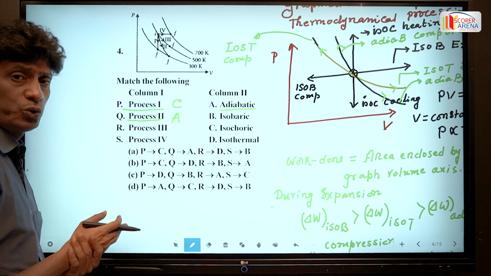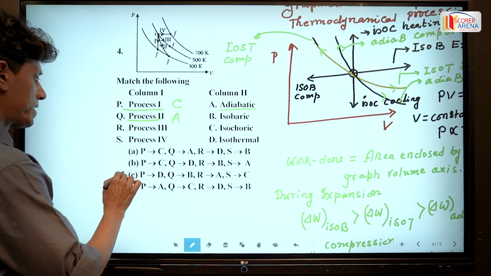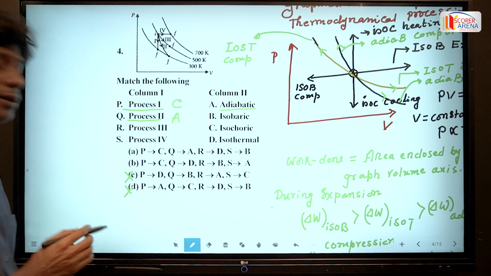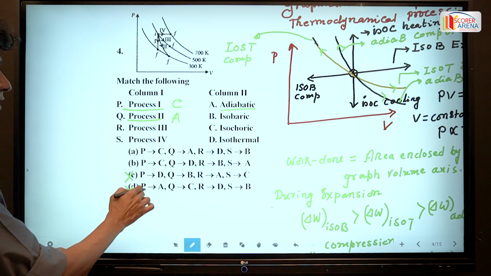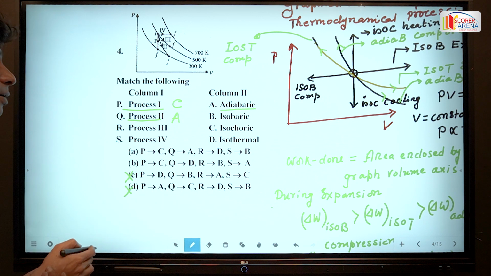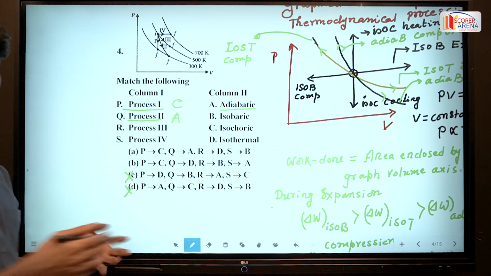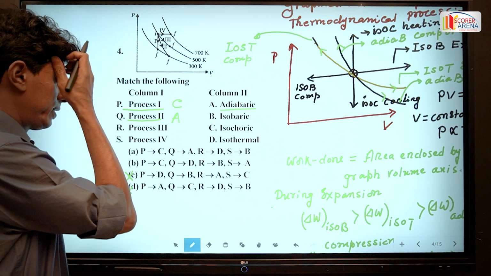From these two interpretations, C and D options can be discarded because P is given there as isothermal and as adiabatic.